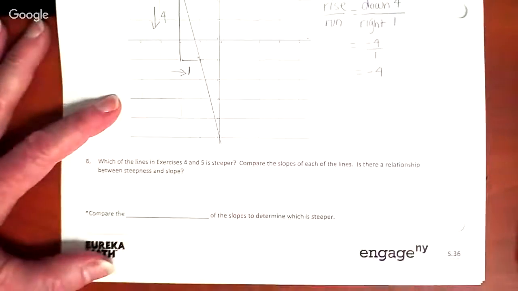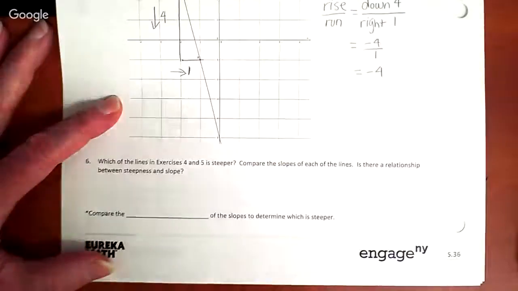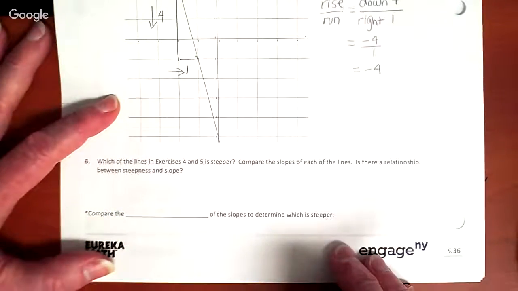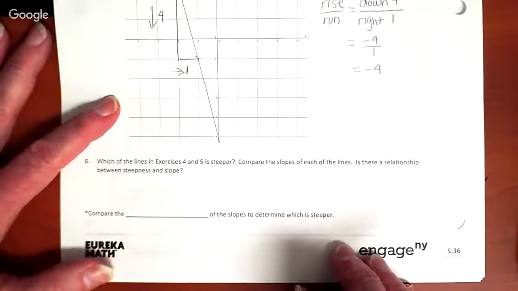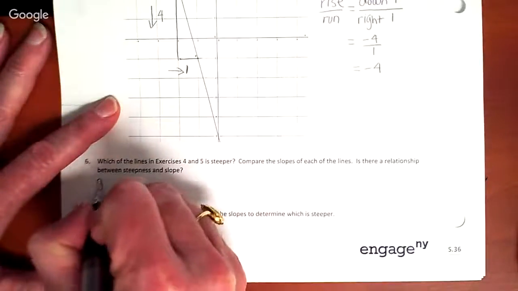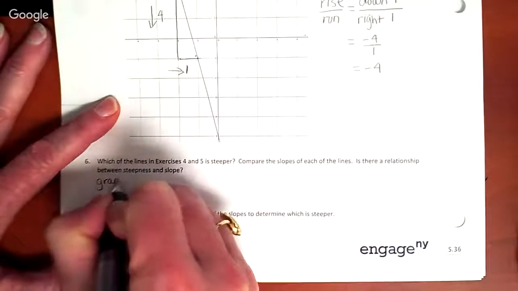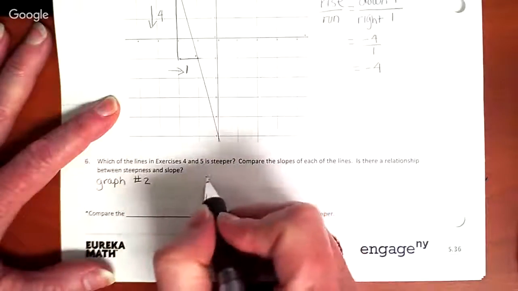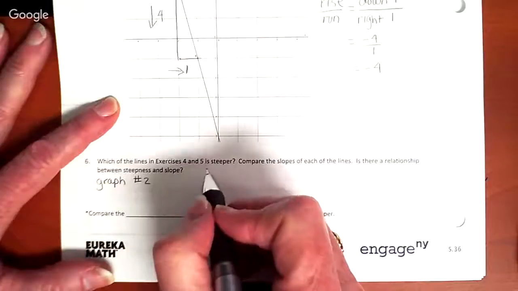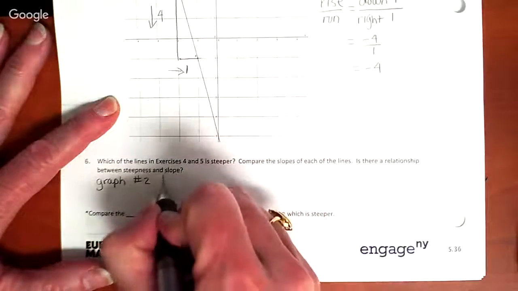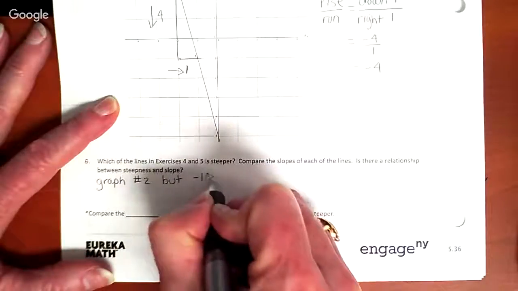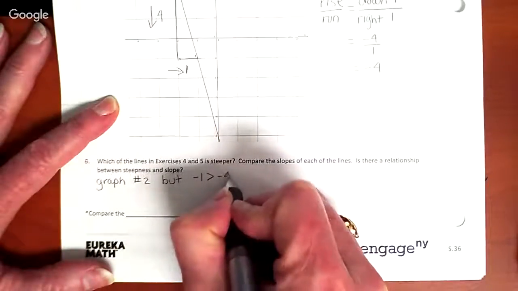Okay. Now here it says, which of the lines in exercises 4 and 5 is steeper? Compare the slopes of each of the lines. Is there a relationship? Graph number 2, but negative 1 is greater than negative 4.